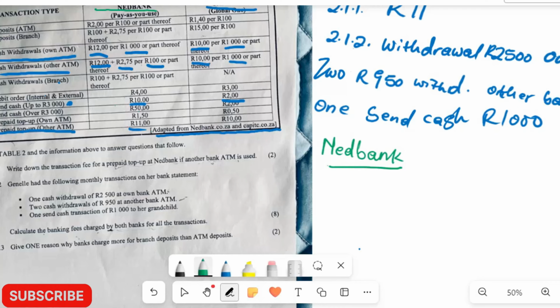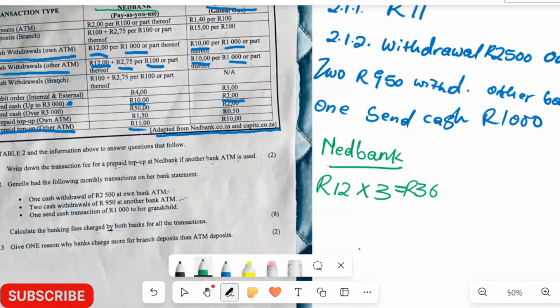At her own bank, that will be 12 rands times 3 because they are charging per 1,000, and from there we can see that she will be charged for 3,000 rands, which equals 12 times 3 equals 36 rand.